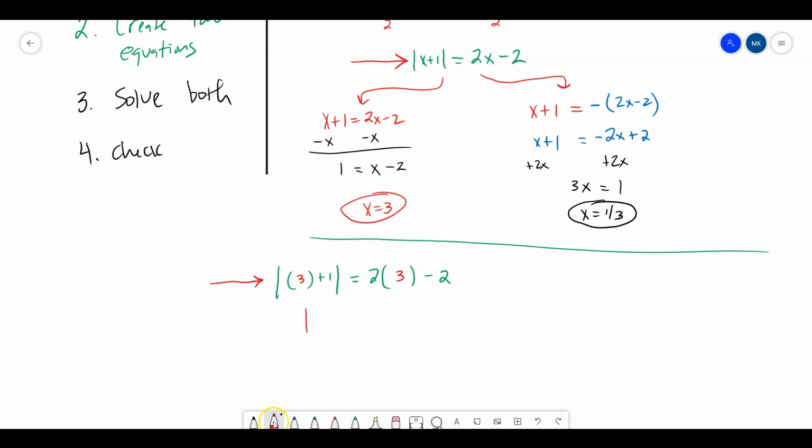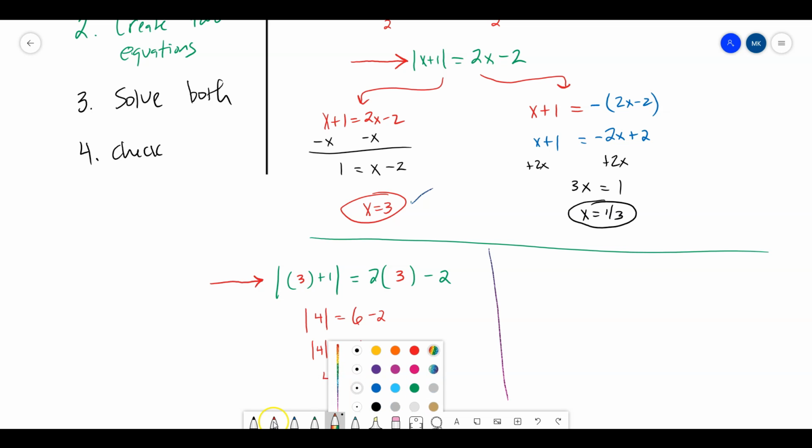So in this case, I have 3 plus 1 is 4, or the absolute value of 4 equals 2 times 3 is 6, minus 2 is 4. So the absolute value of 4 equals 4, and that is true. So that's a solution.